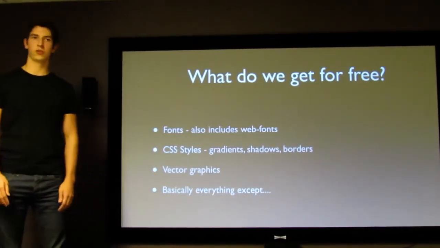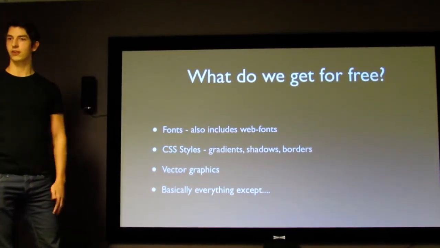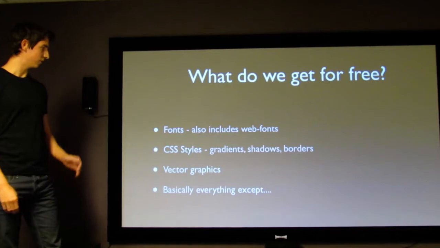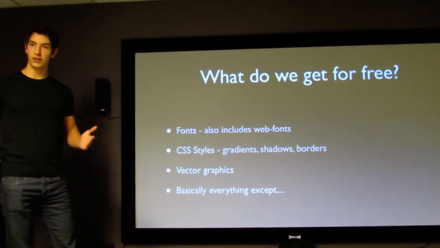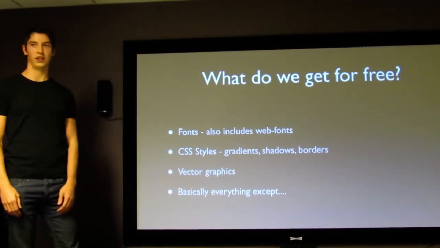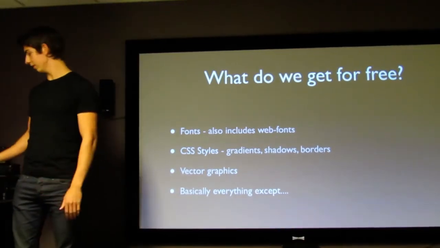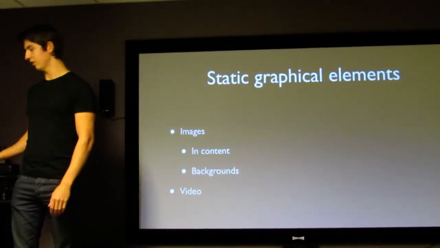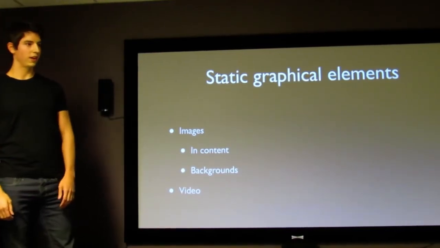And because these browsers support it, we get a lot of stuff that works out of the box that we don't have to think about as developers, such as fonts. They are basically sort of vector-like, so they scale automatically, as do CSS styles, as do vector graphics. But there's one thing that doesn't scale as we want it to, and that's every graphical asset that we add to the site.